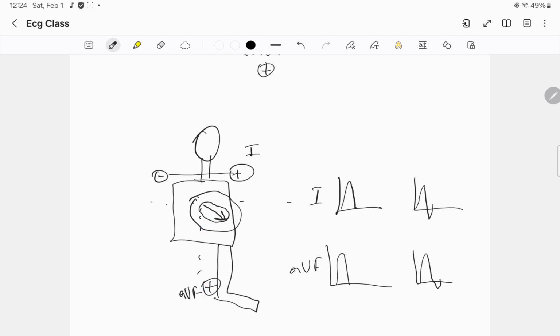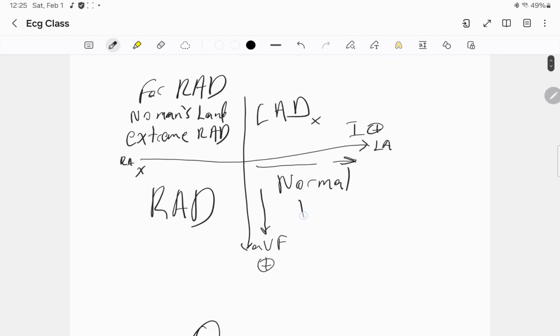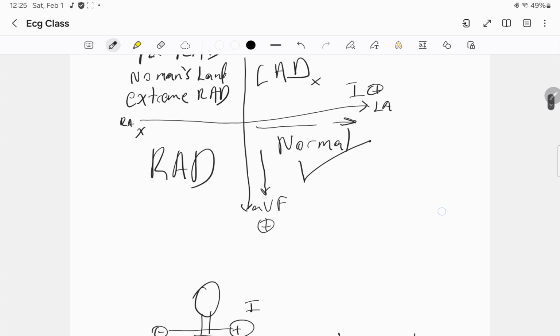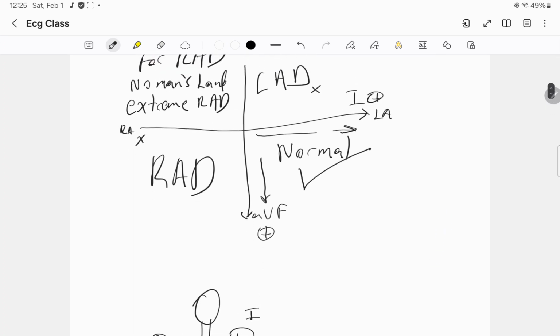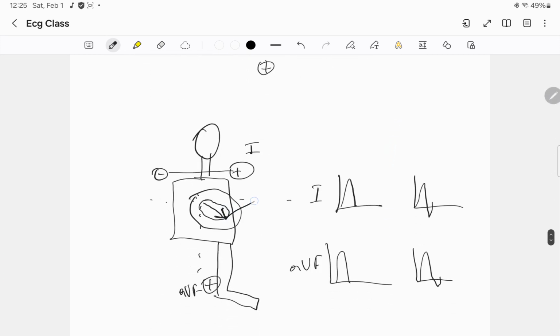So you may get a smaller waveform compared to if it was going straight towards lead 1, or you may get a biphasic waveform that is more positive than negative. So when we say the heart has a normal axis, which is right here, what we're saying is that it's going towards the left and also downwards, and that is normal.